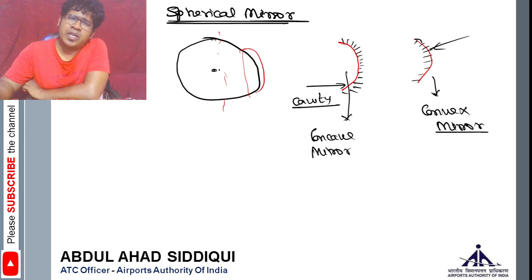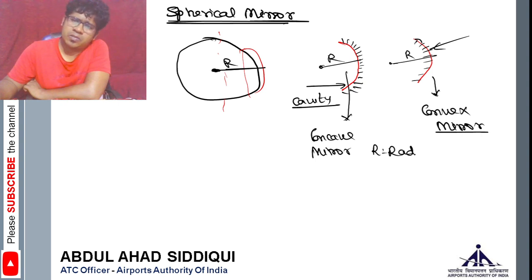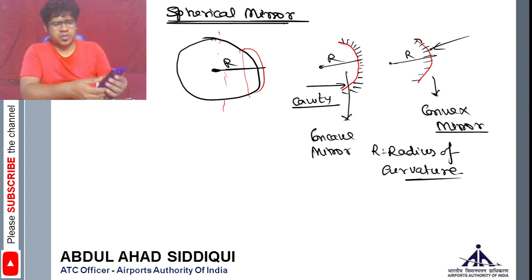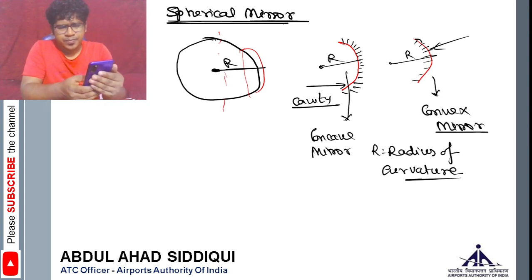The sphere from which we have cut the mirror has a radius r, so this will also have the radius r, and r is known as the radius of curvature. Let me just confirm where the concave and convex mirror are. Concave mirror, one minute.